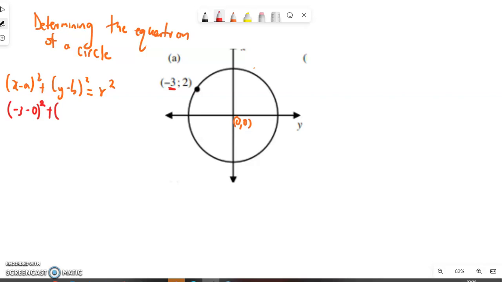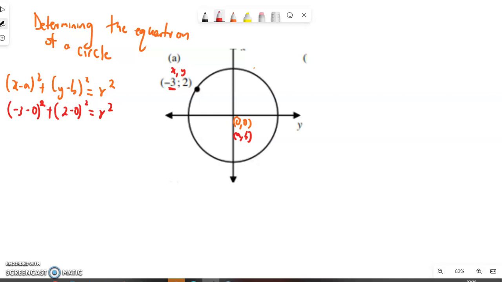Then y is (2 minus 0) all squared is equal to r squared. So this is a and b: a is 0, b is 0. Then this is x and y: x is -3, y is 2.